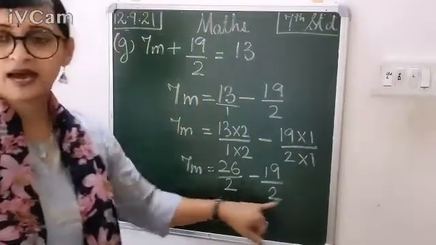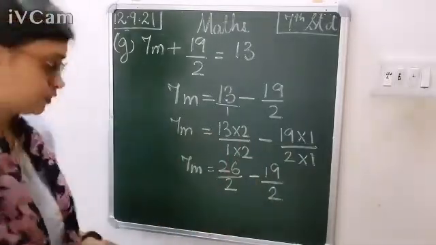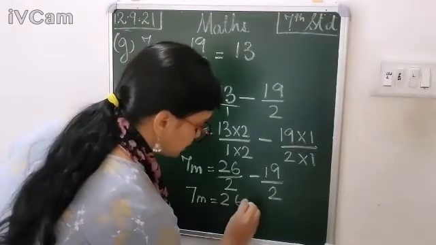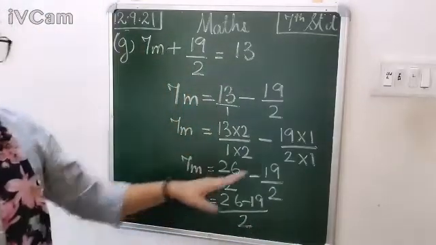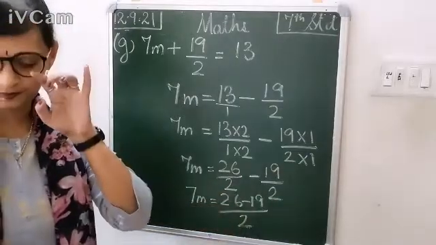Now here you have both the denominators same, which means you can add or subtract. So 7m is equal to 26 minus 19, the whole thing divided by 2, because both the fractions have the same denominator.